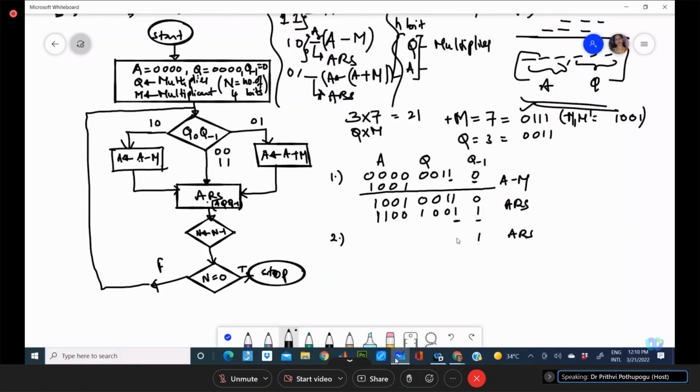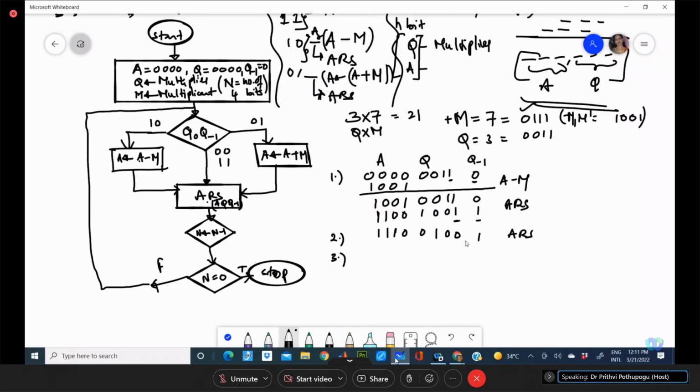This is 0, this is 0, this 1 comes here, this 0, 0, and this is 1. This is 0, 0, 1, 1. And we are doing arithmetic right shift. So now one iteration is over. N is 3 here, N is 2 here. This completes the second step.